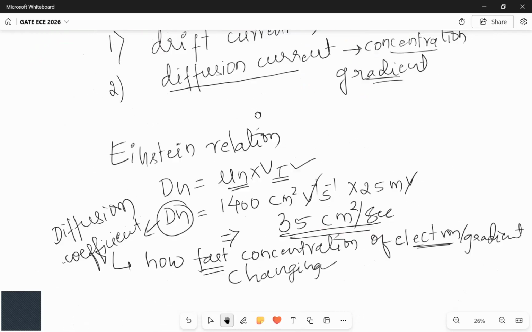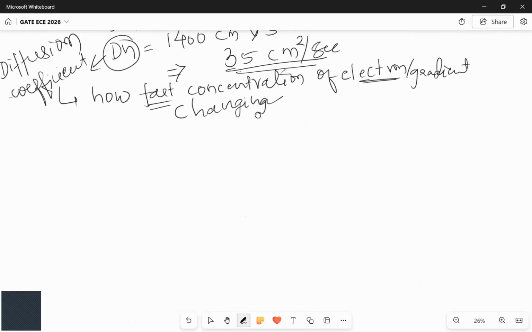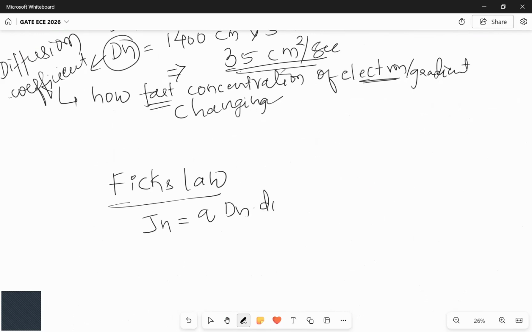The third concept we have is Fick's law. That is Jn equals Q into Dn into dn by dx.